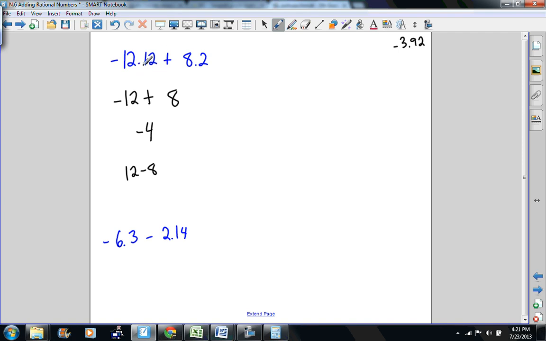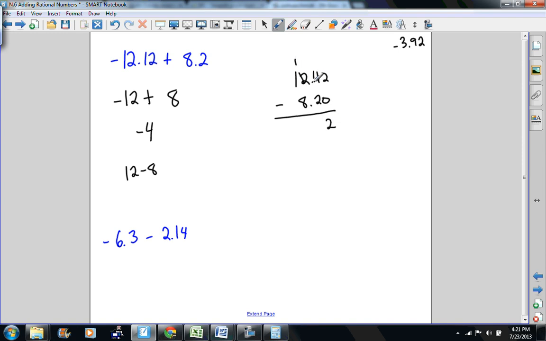If we look at these top numbers, that's what we have to do here. We have to do this first number minus this second number, and put a negative on the answer. So I'm going to go 12.12 minus 8.20. I did that because it told me down here that I have to take the first number minus the second number. So that's 2.